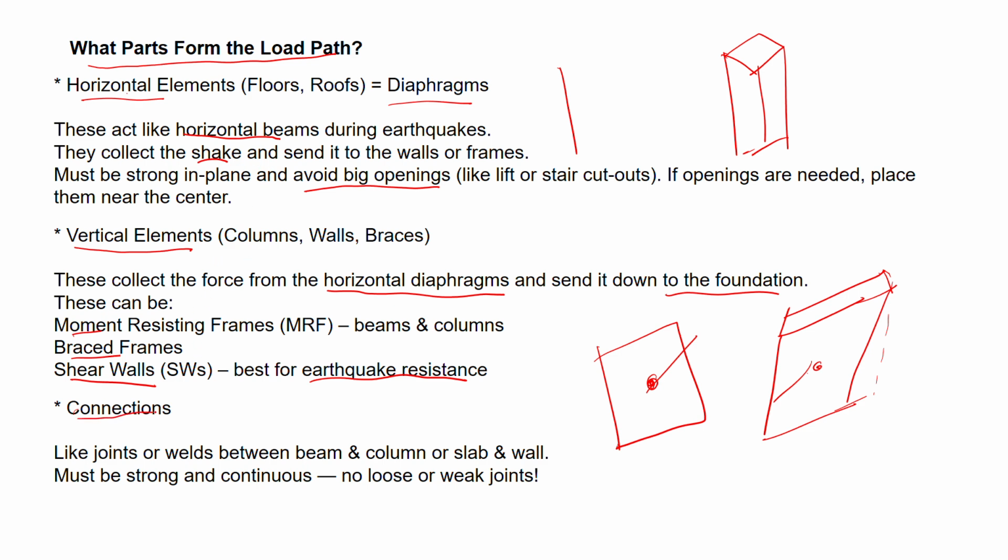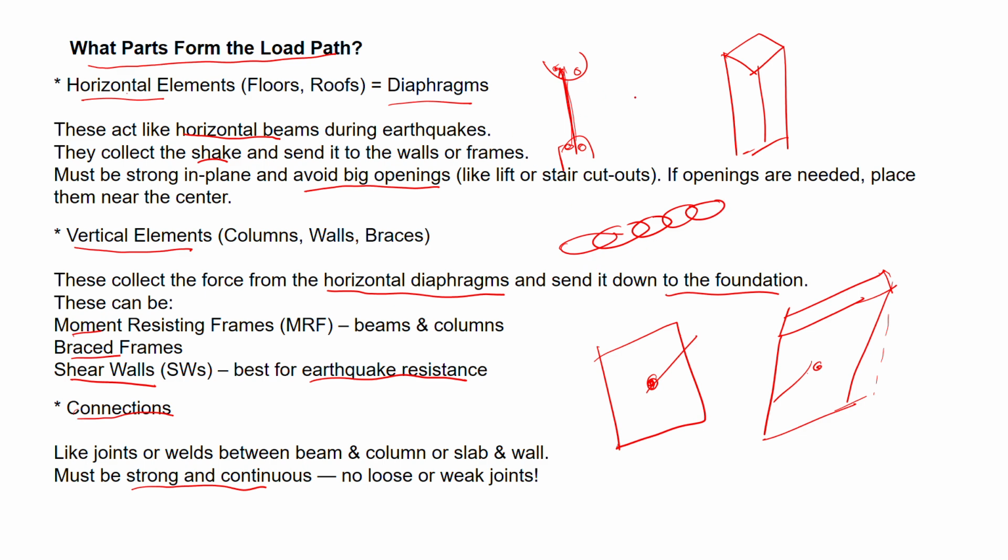Now, in connections, these are steel connections. If there is a steel connection here, the load should be transferred here. For the load to be transferred, these should be well connected. I mean, it should be strong enough and continuous. Whatever it is, the load will transfer only if the material is continuous.